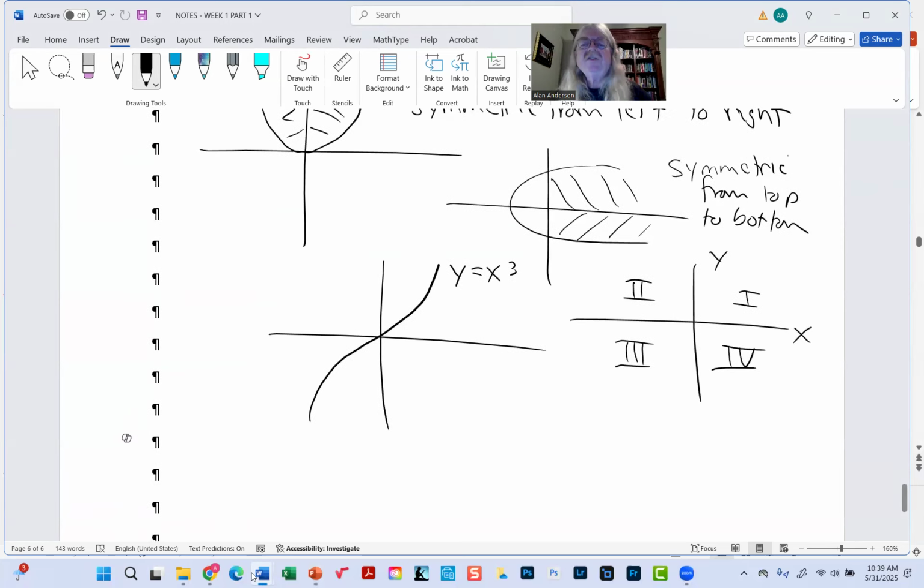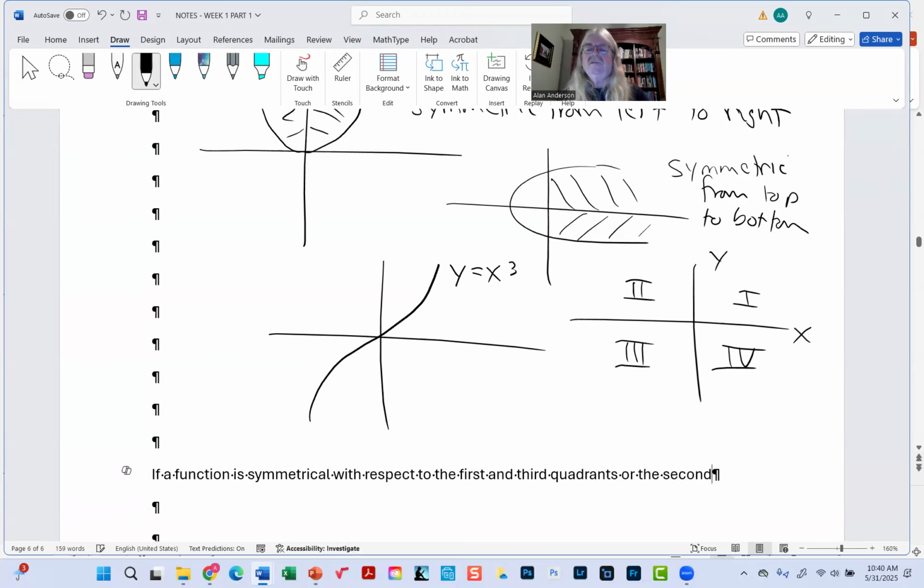So if a function is symmetrical between, or with respect to, I guess we should say, the first and third quadrants, or second and fourth quadrants, it is said to be symmetrical with respect to the origin, meaning the point 0, 0.